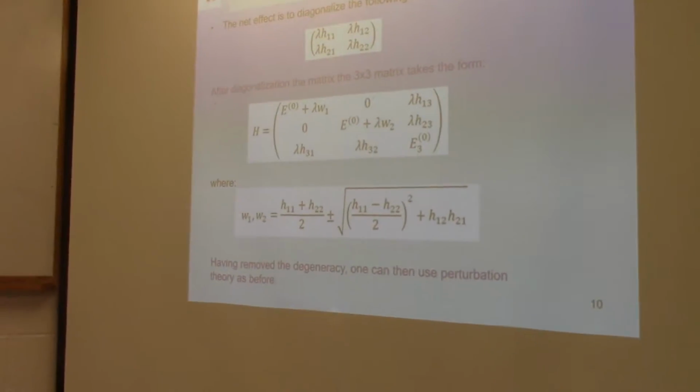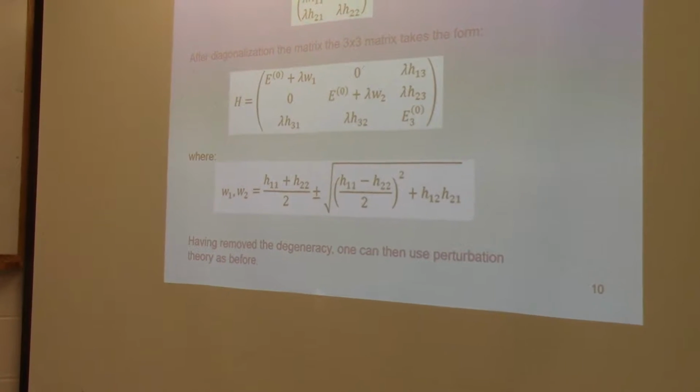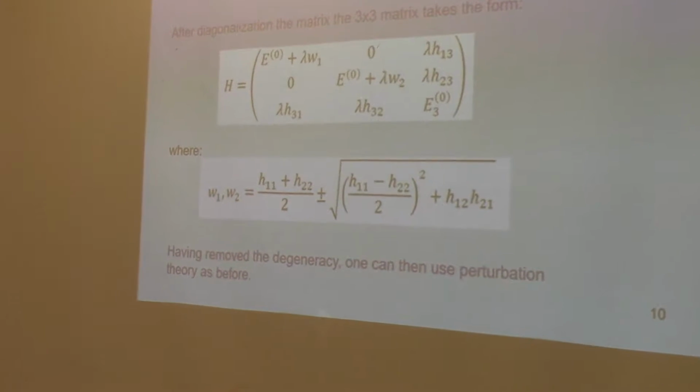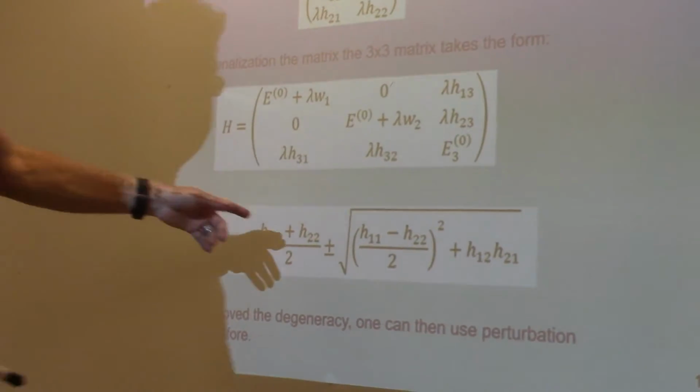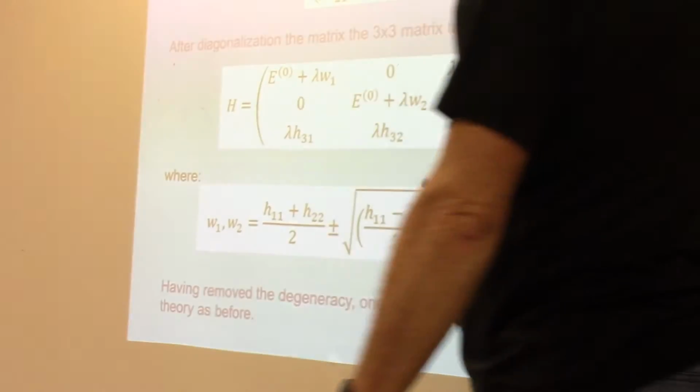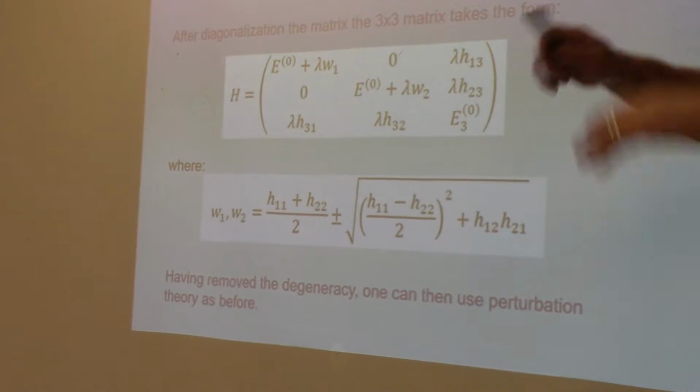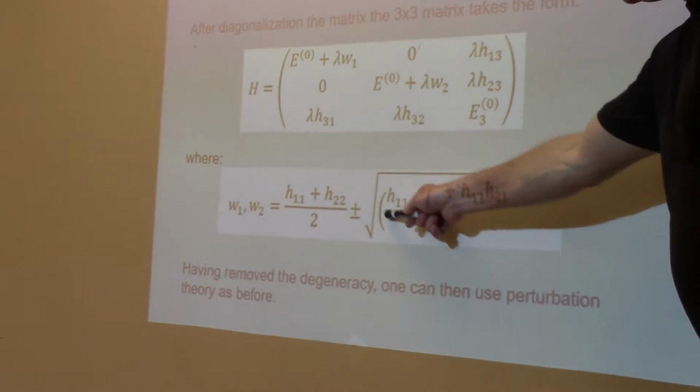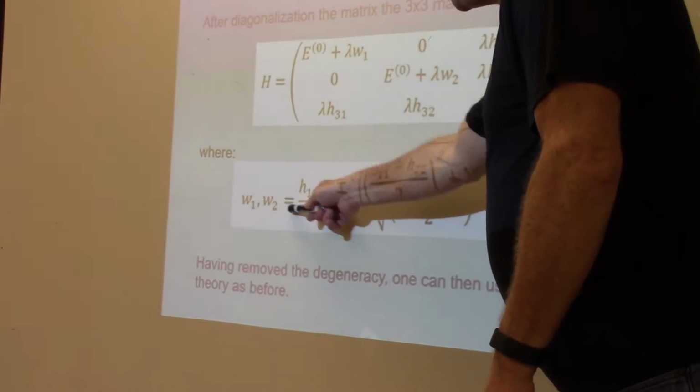But at any rate, the bottom line is that they notice this result right here looks pretty darn similar to something I had in my notes before when we diagonalized the 2 by 2 matrix. So it looks almost exactly the same.